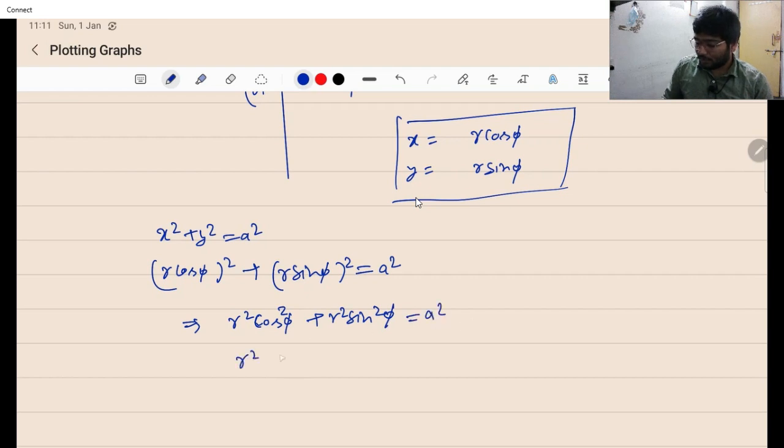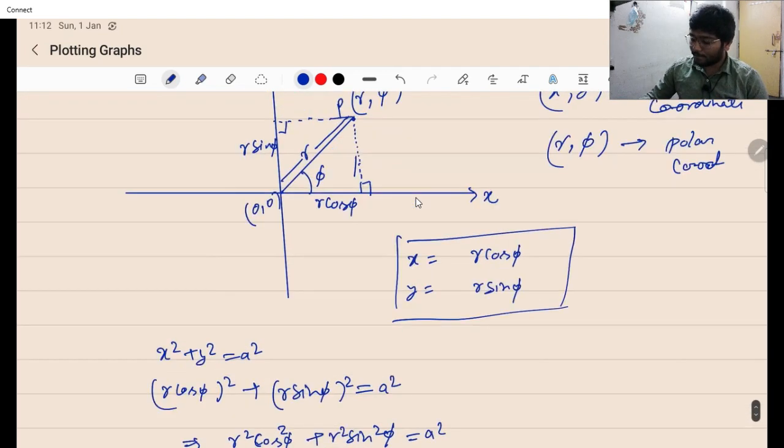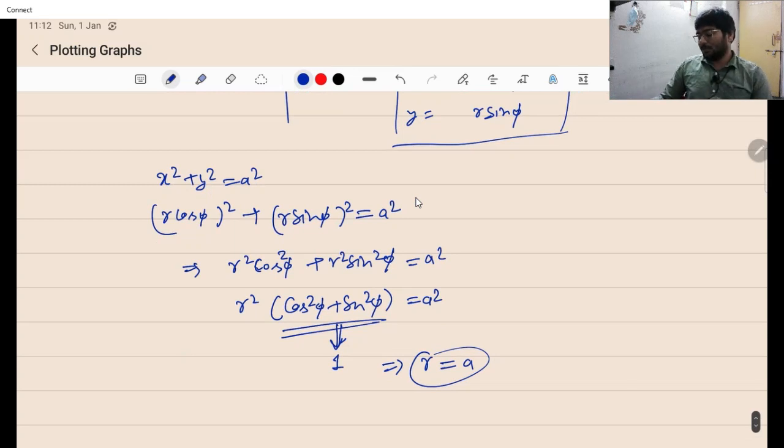Taking r square common, this is cos square phi plus sin square phi, equal to a square. By this formula from trigonometry, you know this is 1. So this comes out to be r equal to a. So a is a constant, so the radius is constant. So what is the equation of a circle in the polar coordinate system? It is r equal to a, right?